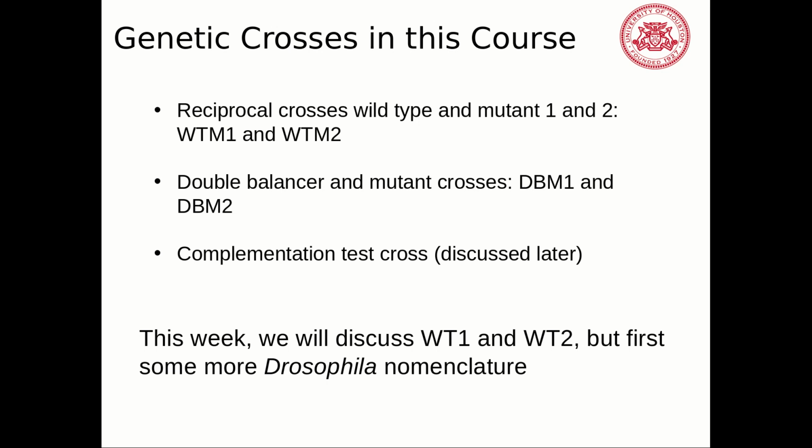A double balancer, which we will talk about, is a way for you to track these mutations and make sure that the mutations are maintained within your stock. The reason this is an issue is a lot of times mutants don't breed well, and it's very easy for them to breed so poorly that the gene disappears out of the pool of genes within your population.